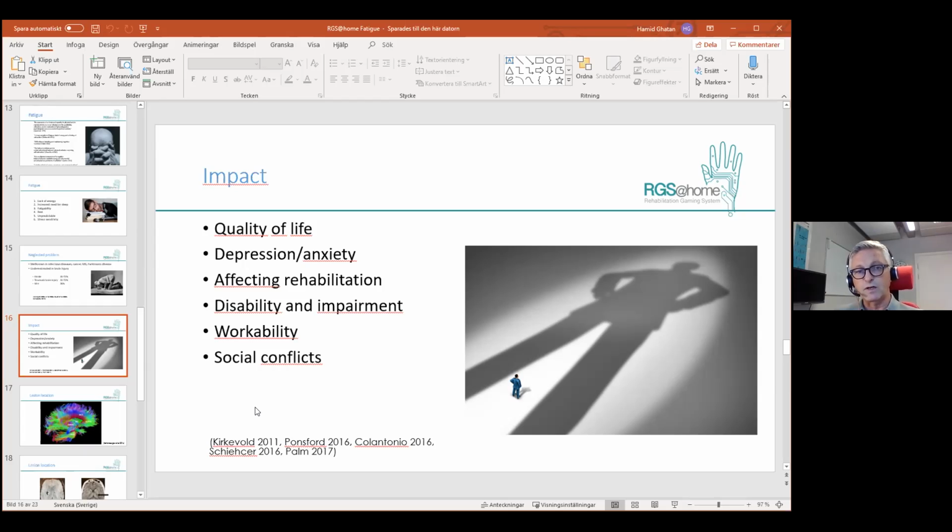It affects workability, and it also creates social conflicts. So I would say from back in the 90s, where I was treating stroke patients with post-stroke depressions, today the main focus is to coach patients in handling the fatigue and the fatigability that they display.